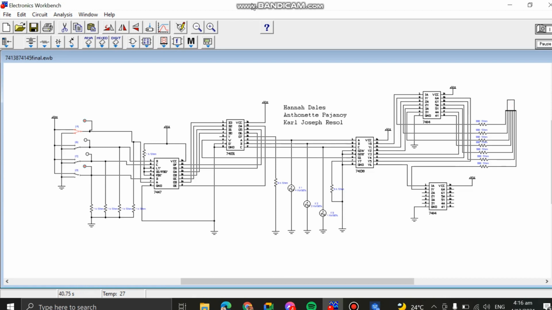As the definition goes, a multiplexer has multiple data inputs and a single data output, and a demultiplexer has a single input and multiple outputs. The 74150 IC is a 16 to 1 and the 74151 IC is an 8 to 1 multiplexer, while the 74138 IC is a 3 to 8 and the 74159 IC is a 4 to 16 demultiplexer.